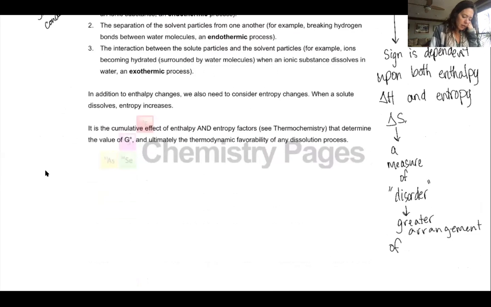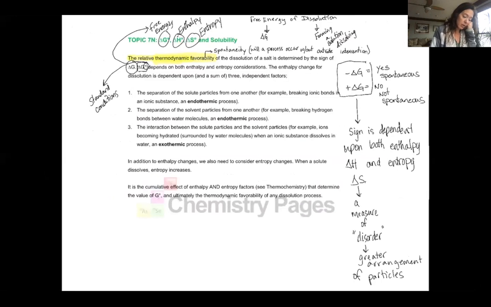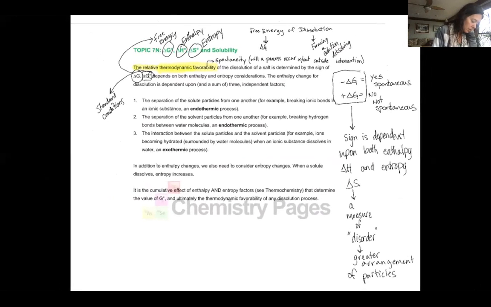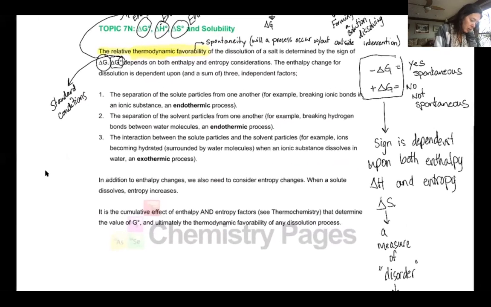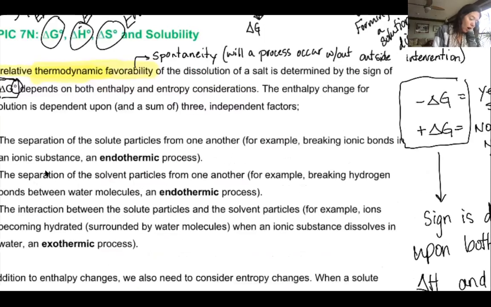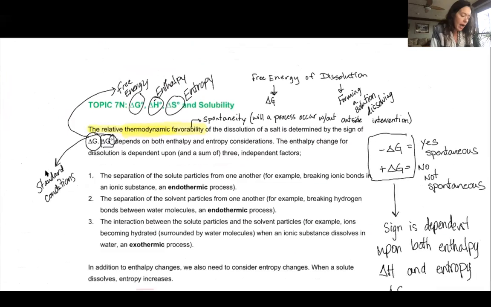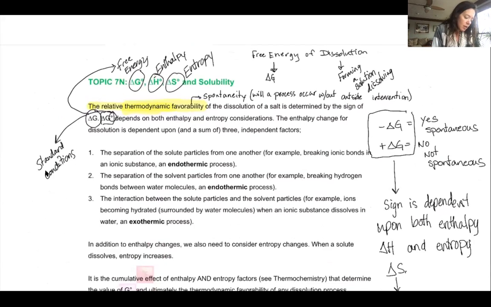Okay, let's kind of finish this up. So we can have positive or negative entropies. We can have positive and negative enthalpies. So we are talking about the free energy, the delta G of a solution. Free energy is the energy available to do work. And in any spontaneous process, the energy available to do work decreases.